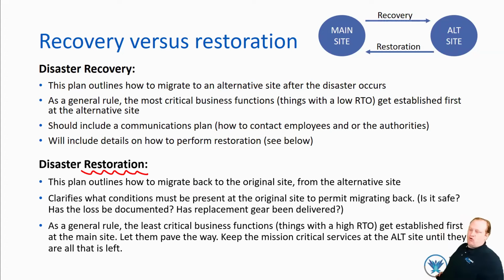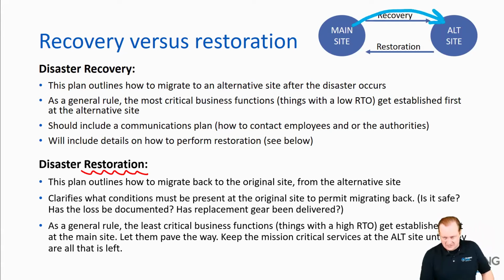As a general rule, the least critical business functions, things with a high RTO, get established at the main site first, which might seem backwards. Again, when we go from main site to alt site, when we are doing recovery, the most critical things get turned on at the alt site first.